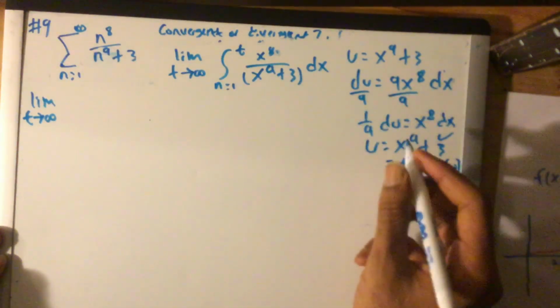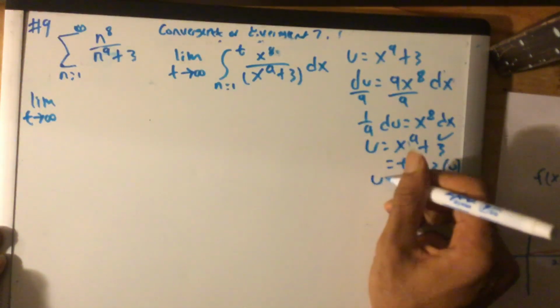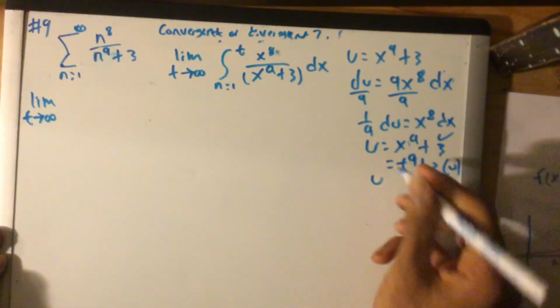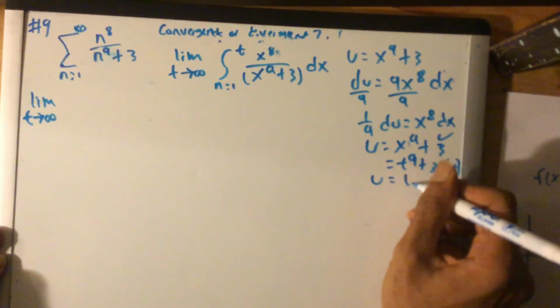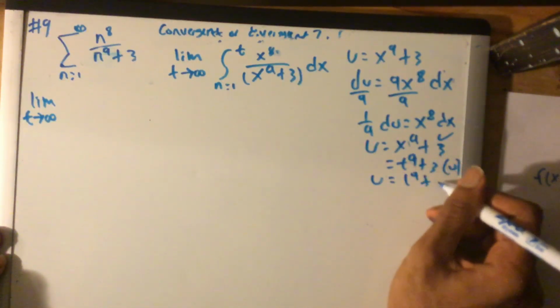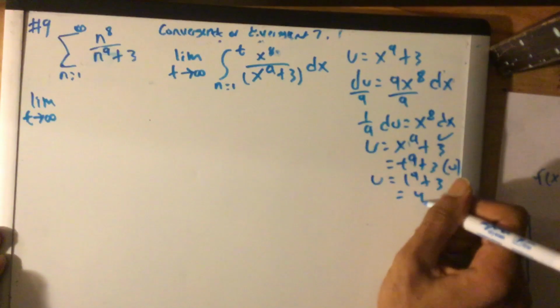For the bottom one, u is equal to 1 to the power of 9 plus 3, giving me 4.